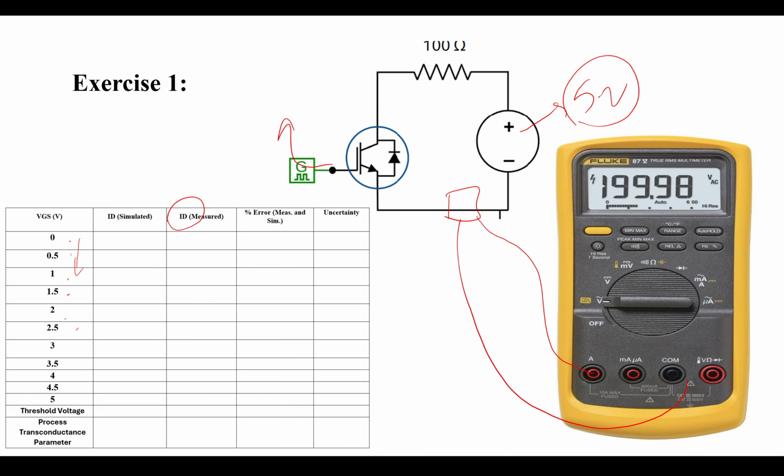Up to a certain point, which we said is the threshold voltage, you should see a very tiny value for the current, which is the leakage current. We say there is no current, but reality is not like that. There is going to be a leakage current, but it should be very, very small.